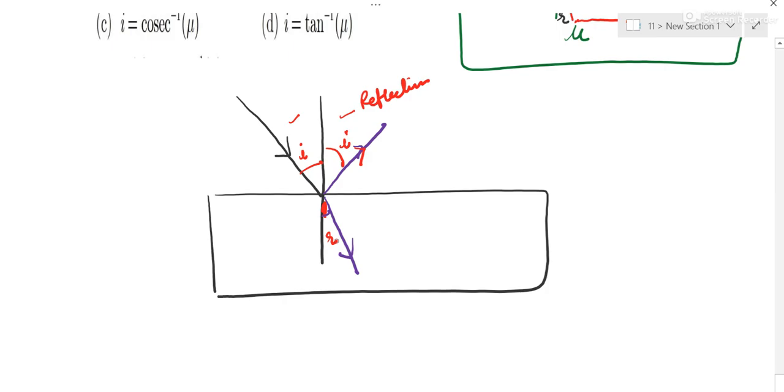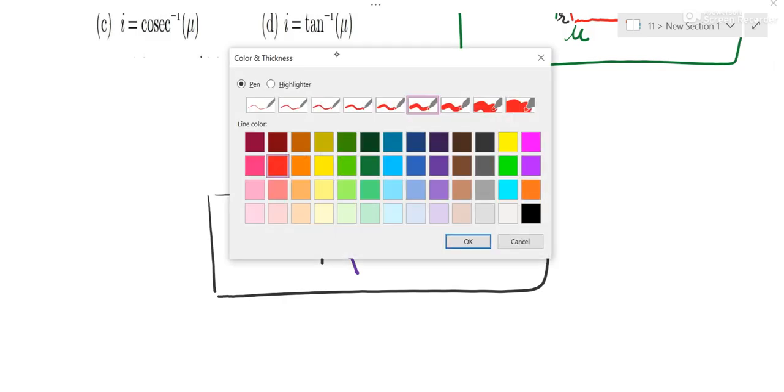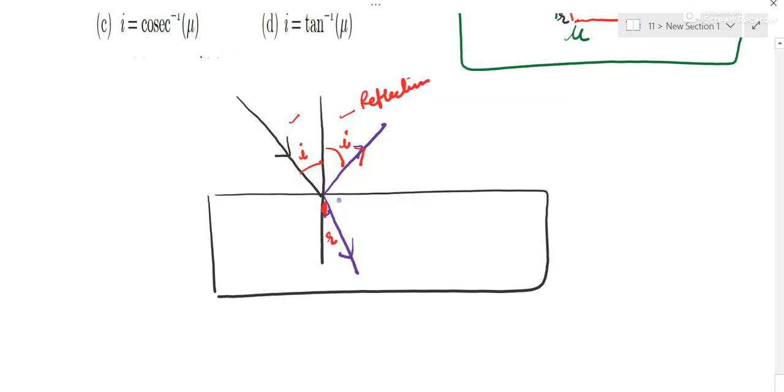Okay, so what is this remaining angle? This angle is 90 minus r. Because this is a complete 90 and this part is r, the remaining is 90 minus r. This is angle number 1.